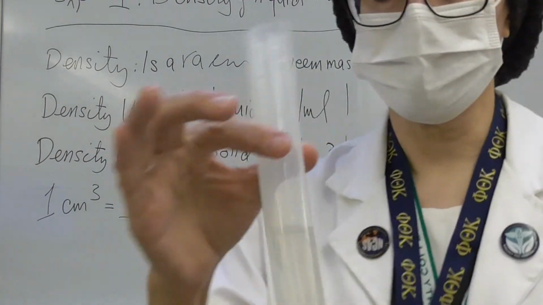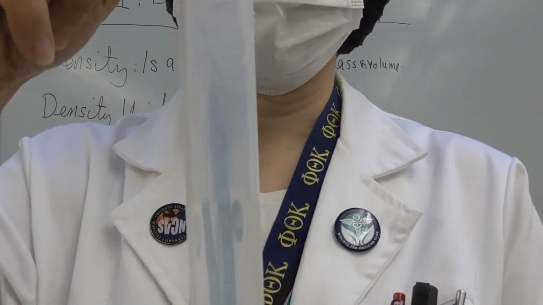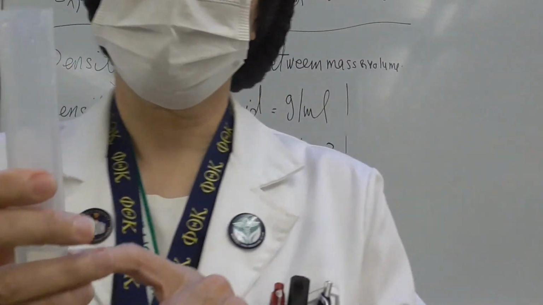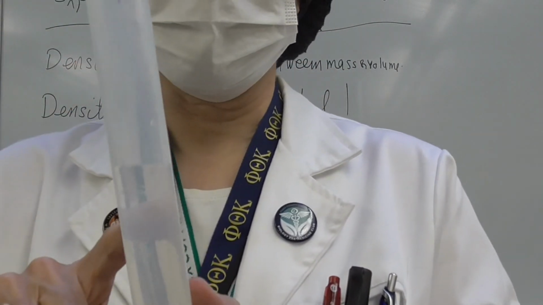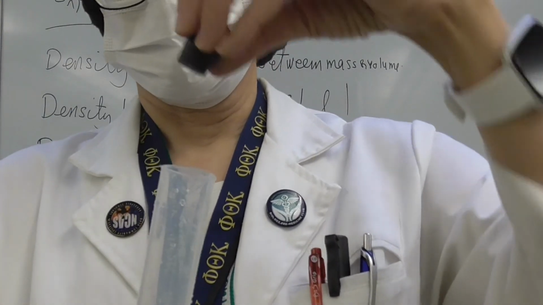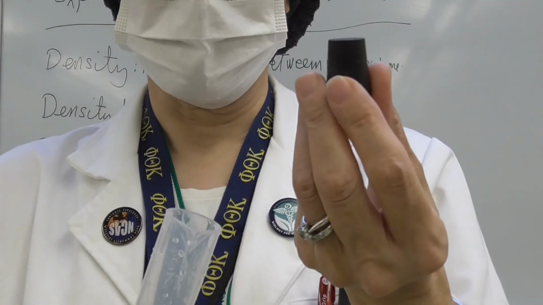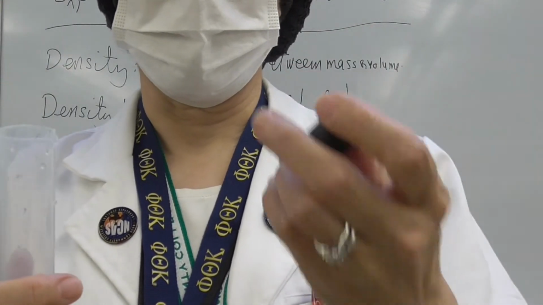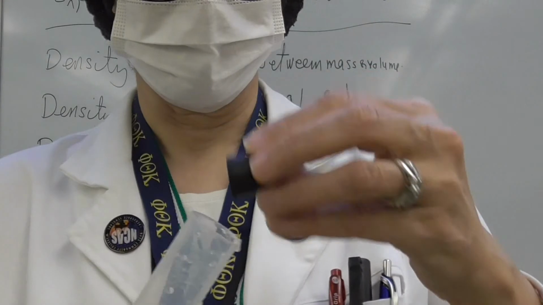For part 2, we are going to use this kind of cylinder, which is larger, and I actually just put 25 milliliters of water, and now I'm going to insert the rubber stopper. So we want to find out the volume of this after I weighed it.